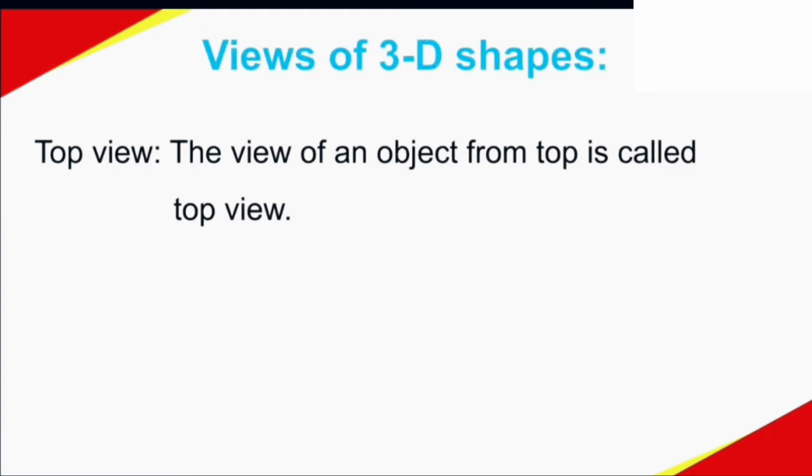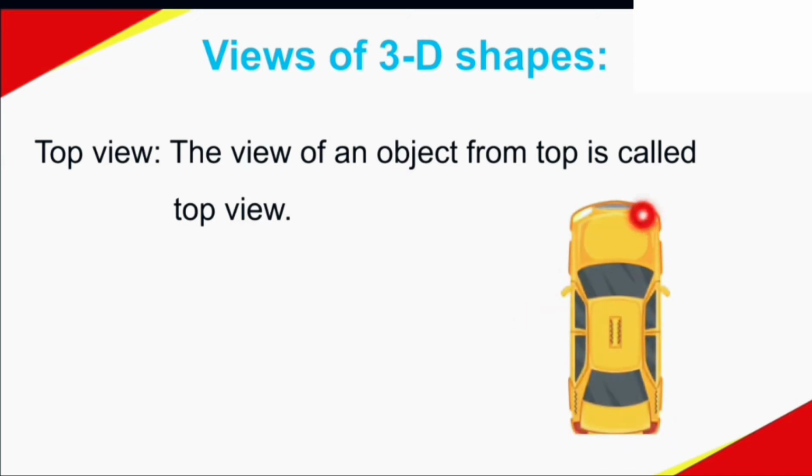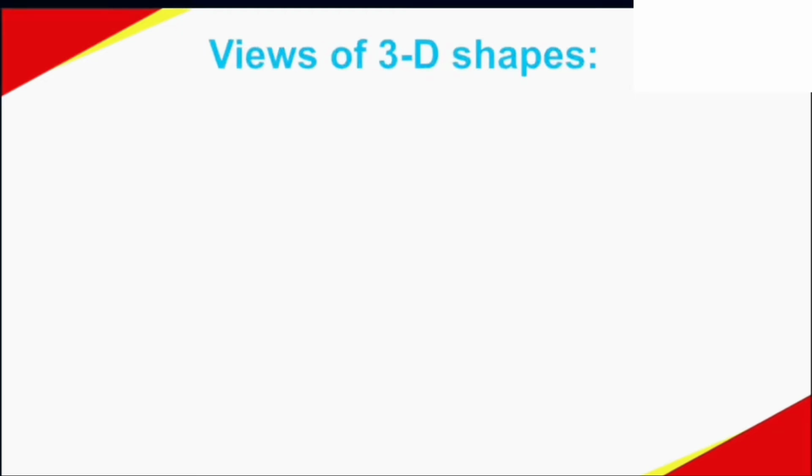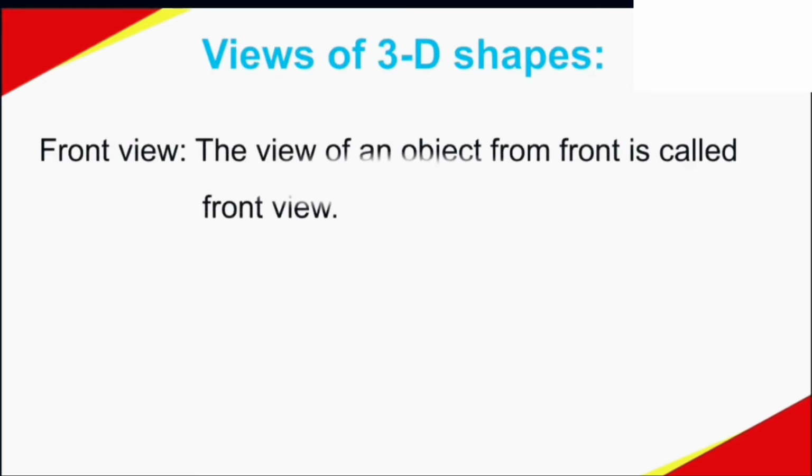Top view. The view of an object from top is called top view. For example, children, this is the top view of a car. Next, front view. The view of an object from front is called front view.